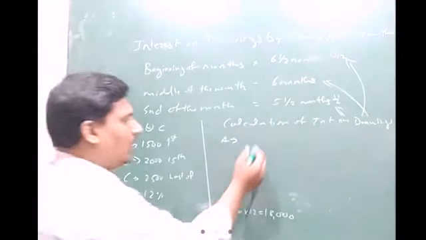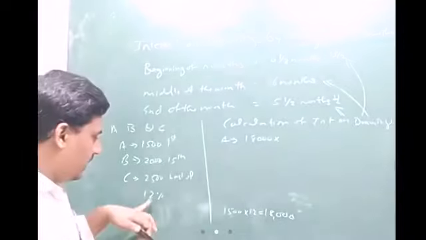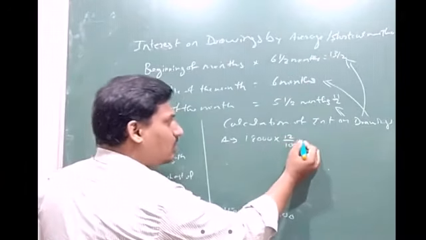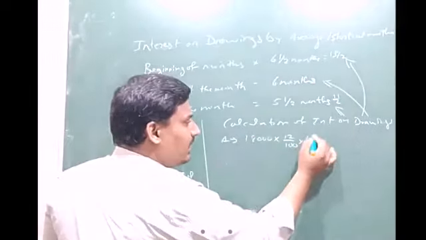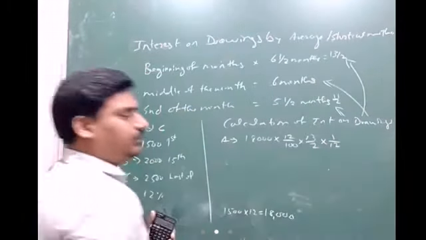So 18,000 into the rate of interest, 12 divided by 100, into the average of outstanding months, 13 divided by 2, into 1 divided by 12.